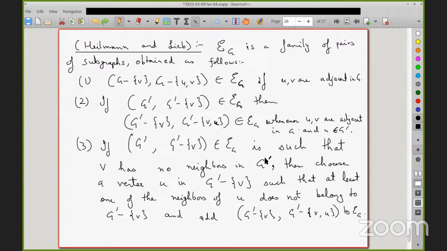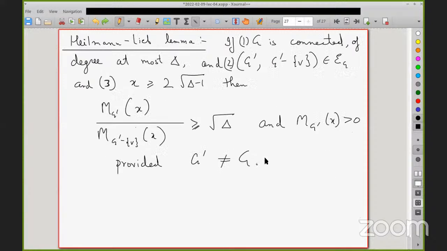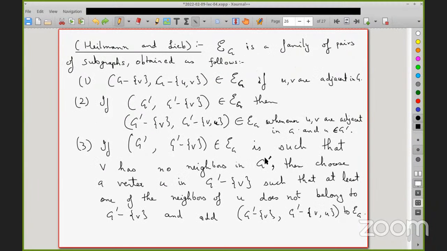You take a graph and you remove one of the vertices. Basically these are exactly the things that can appear. The first component will appear on the left hand side of the recurrence, the second component on the right hand side. Notice that the second element of the pair is always missing one extra vertex.